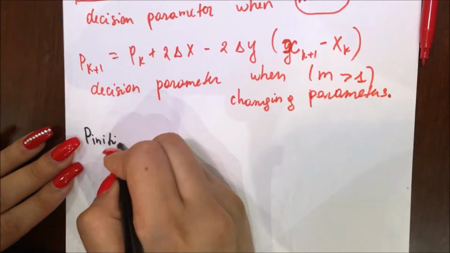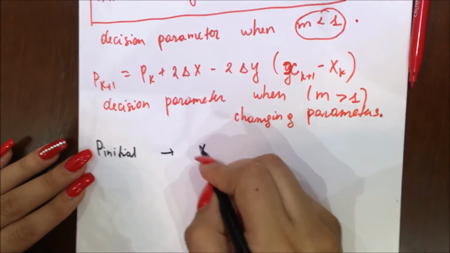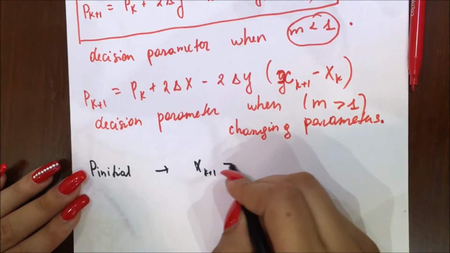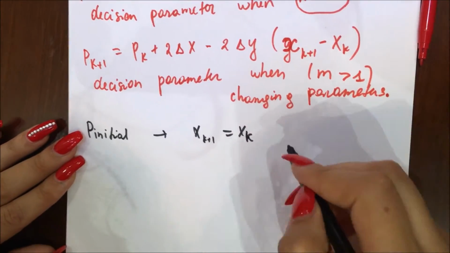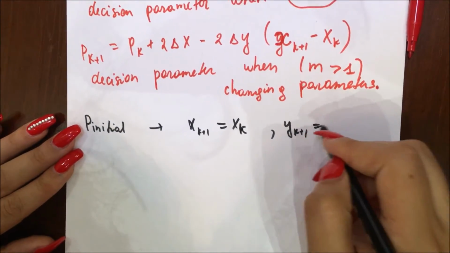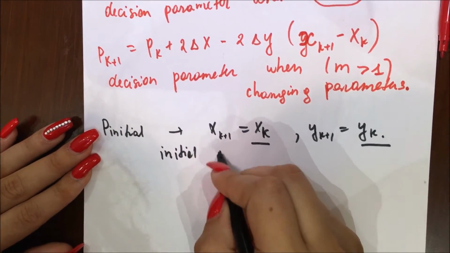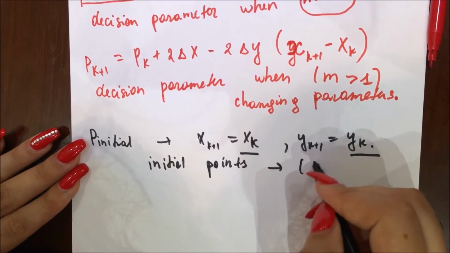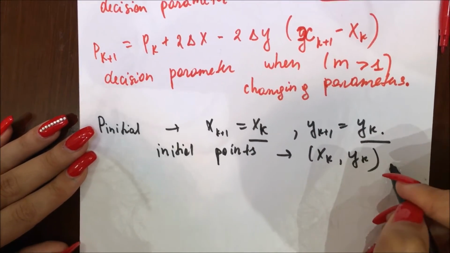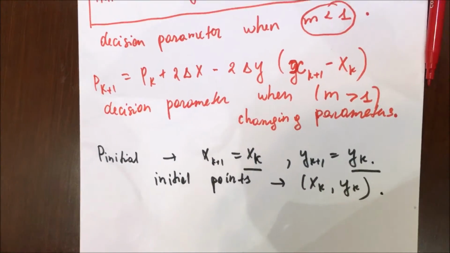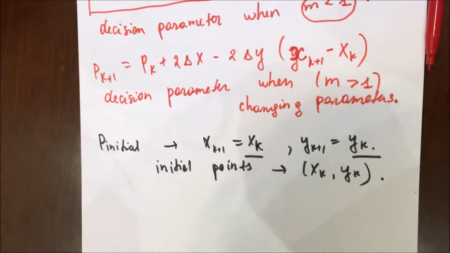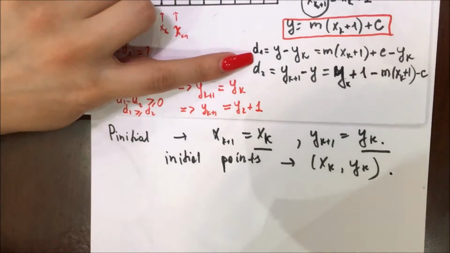Now let's find the initial decision parameter. So first of all, we should consider that in the initial point, the value of x and y will be xk and yk. Now let's write the formula of pk, which we got in our previous calculation.